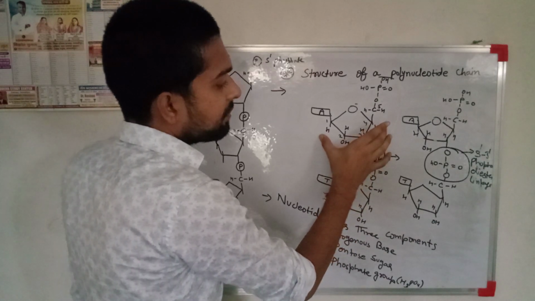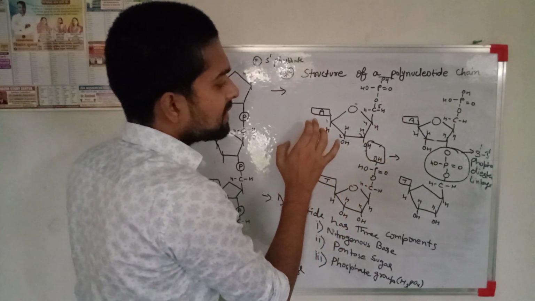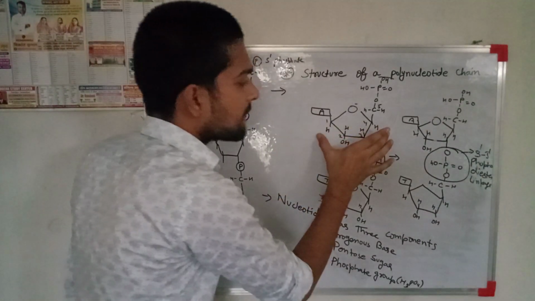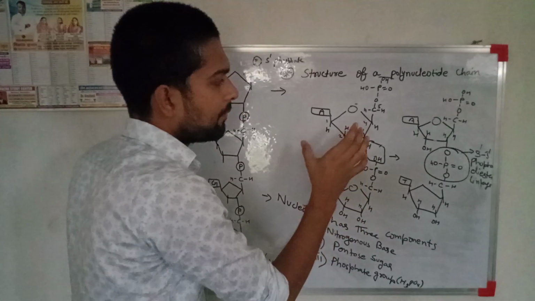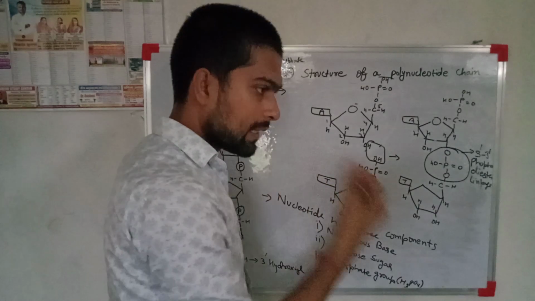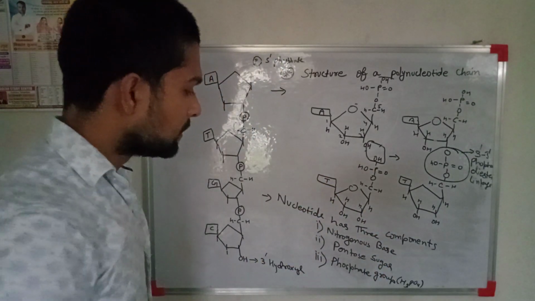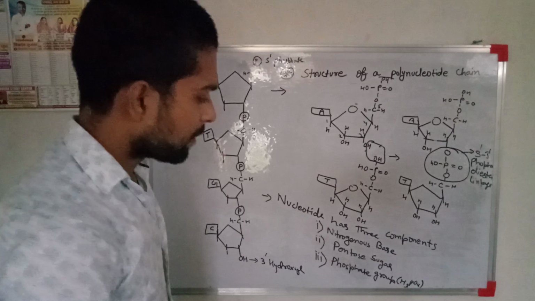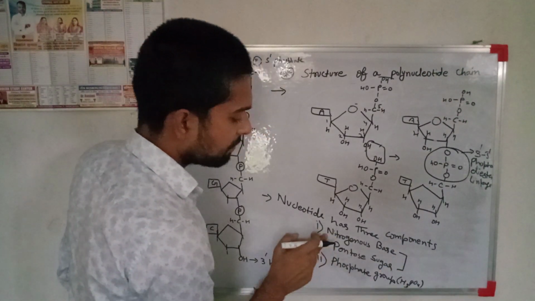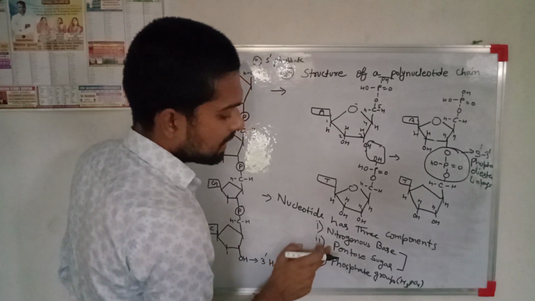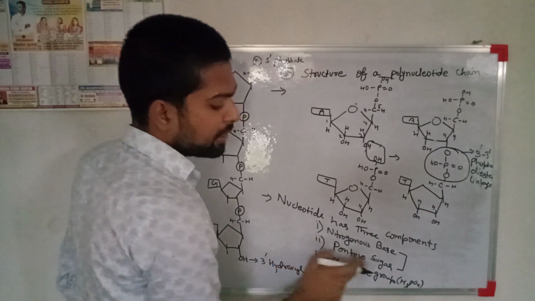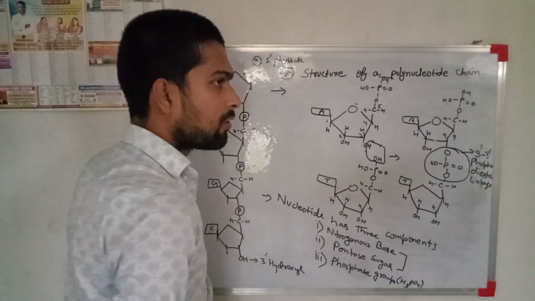So when a pentose sugar forms a bond with adenine, it is called a nucleoside, and when a phosphate group is attached to this nucleoside, it forms a nucleotide. So first the nitrogenous base attaches to the pentose sugar to form a nucleoside, and then when the nucleoside attaches to a phosphate group, it forms a nucleotide.